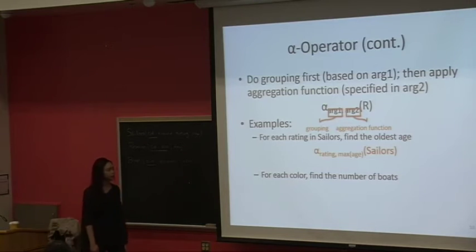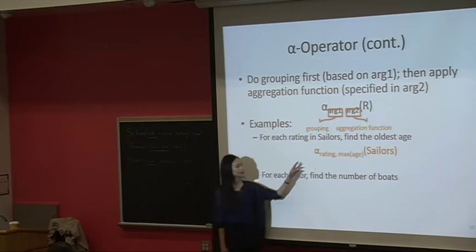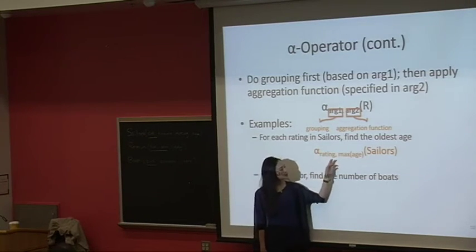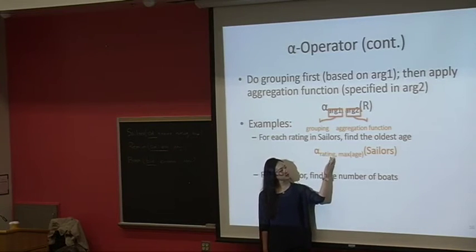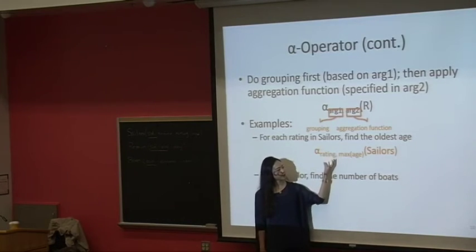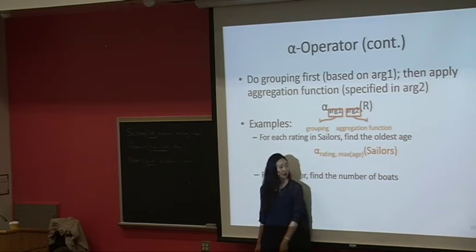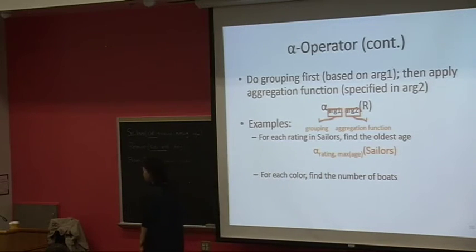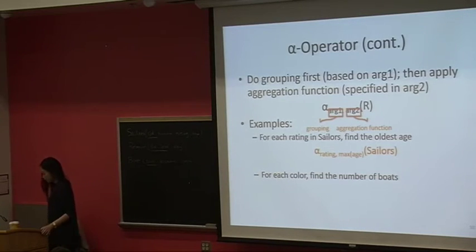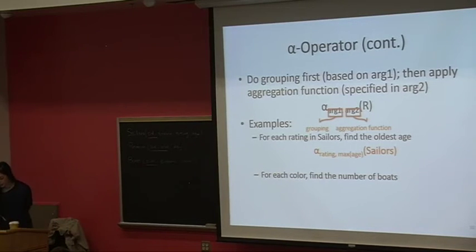Okay. First argument, we group by rating, and after this part, they are broken down into groups. Then we find the maximum age among each group. And the relation is simple, just sailors. Let's try the next one. So for each color, we want to find the number of boats.